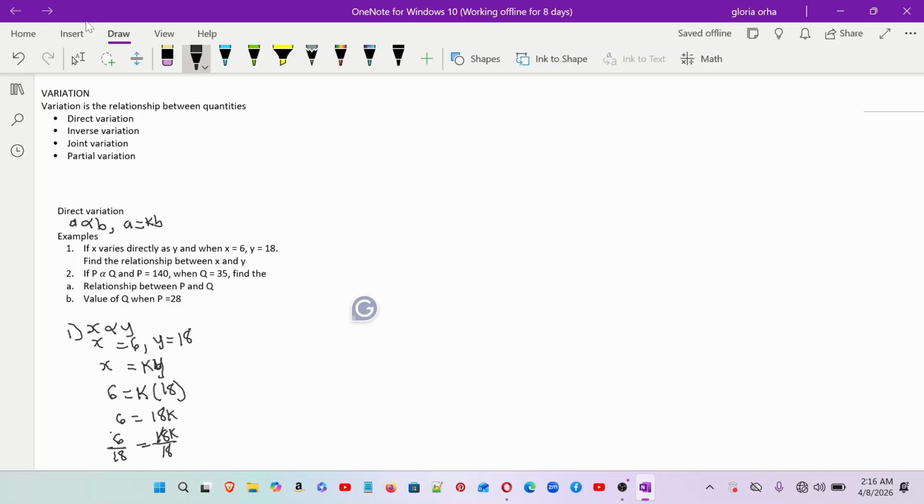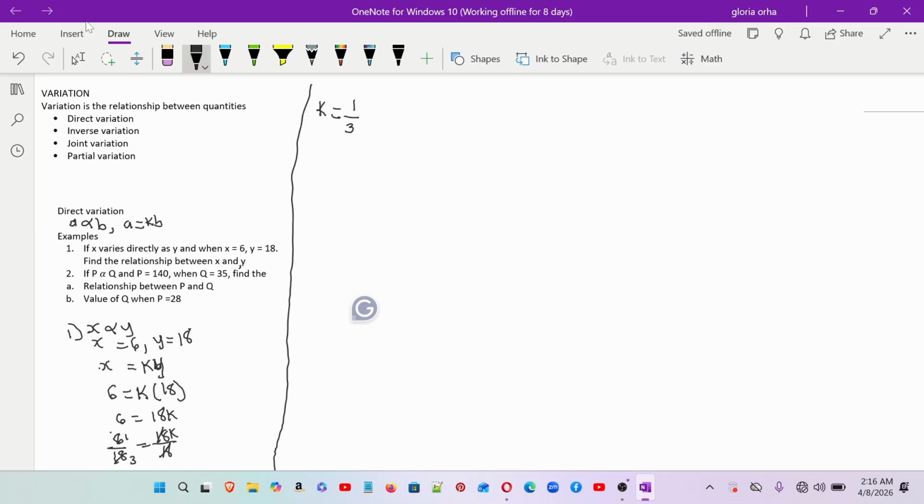So 18 will cancel 18. 6 divided by 6 is 1, 18 divided by 6 is 3. So therefore, our k equal to 1/3.